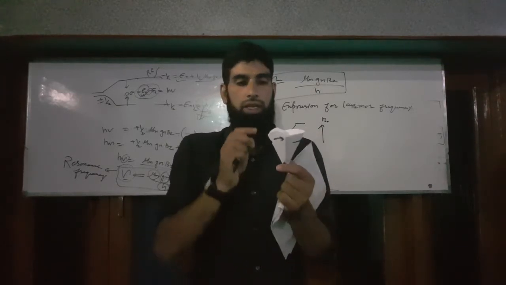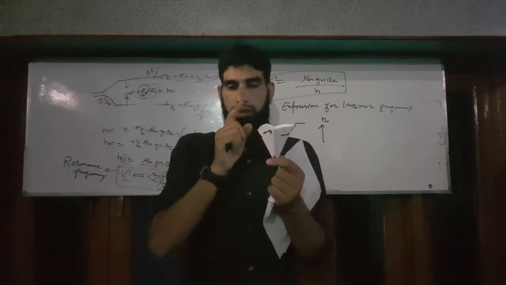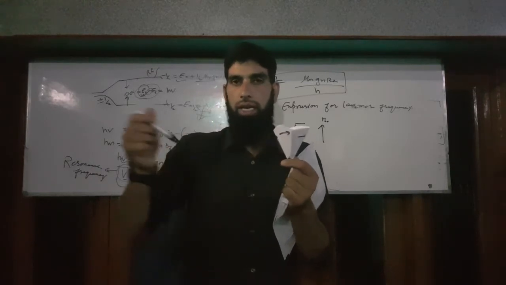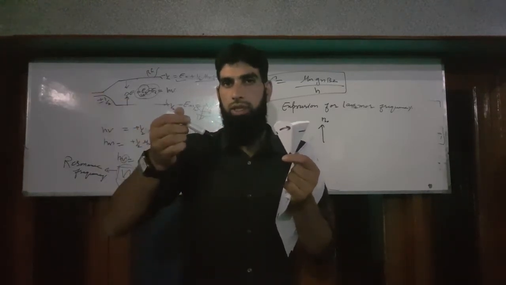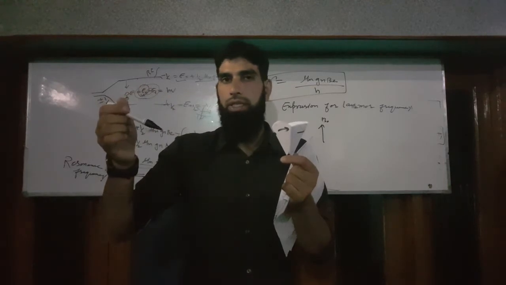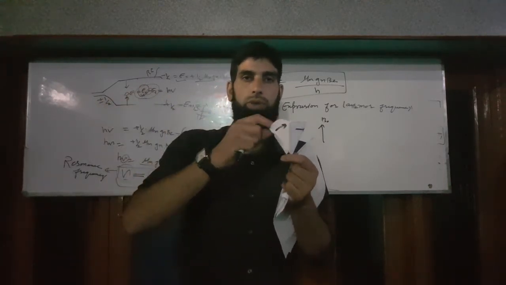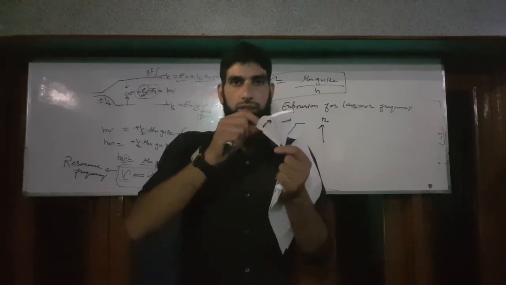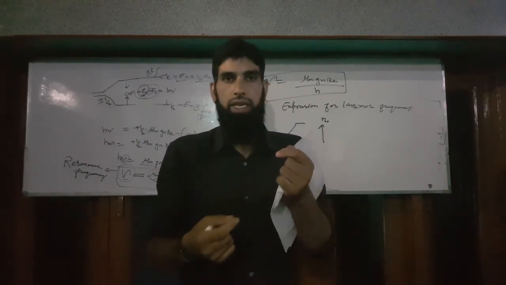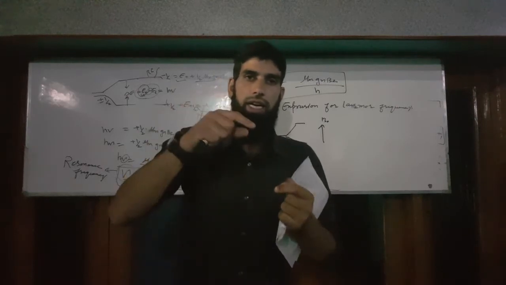When the radio frequency and this frequency match, the cone in the higher energy state changes into the lower energy state, and the lower energy state changes into the higher energy state.